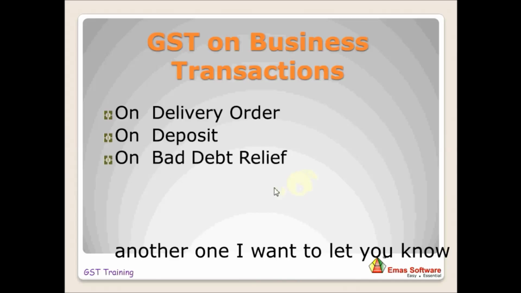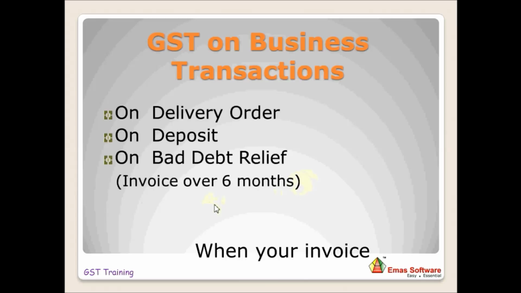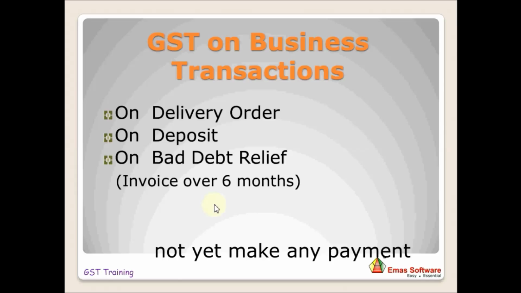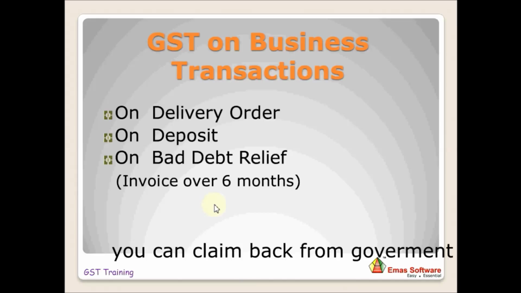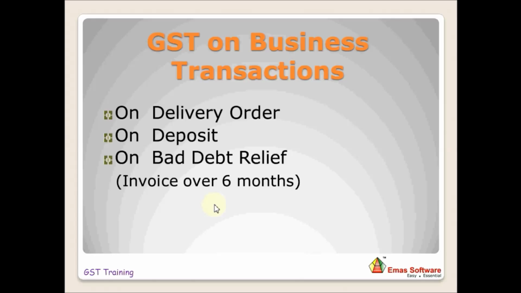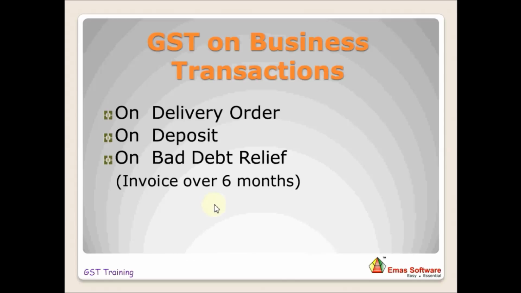Another one I want to let you know is the bad debt relief. What is the bad debt relief? When your invoice, after 6 months, has not yet had any payment made, the output tax you paid to your government, you can claim back from the government. The other way, when you receive a supplier invoice, you claim the input tax from the government.